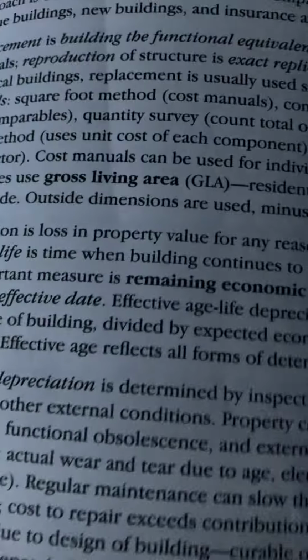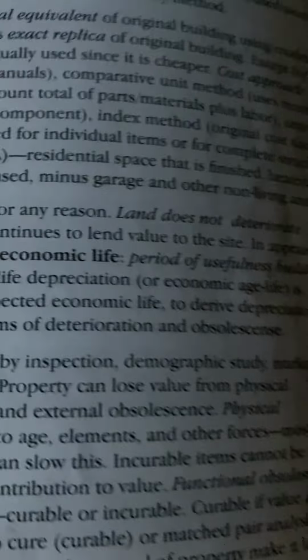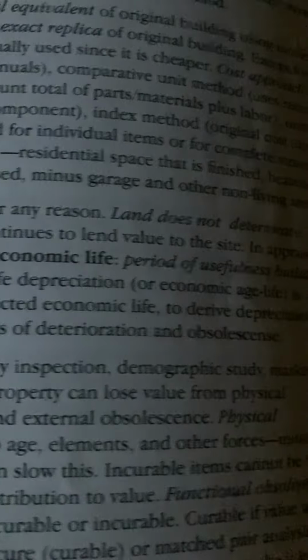Number 8, depreciation is loss in property value for any reason. Land does not deteriorate. Economic life is time when building continues to lend value to the site. In appraisal, most important measure is remaining economic life, which is the period of usefulness building has left on effective date.